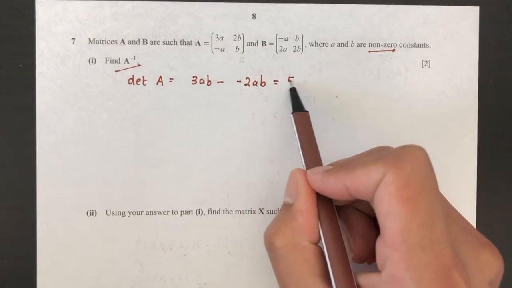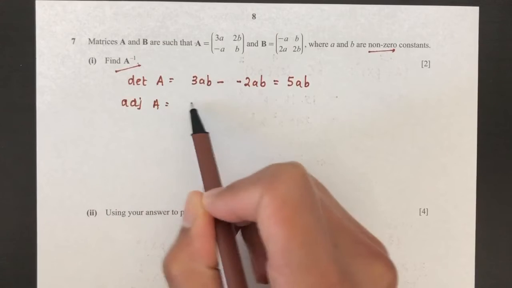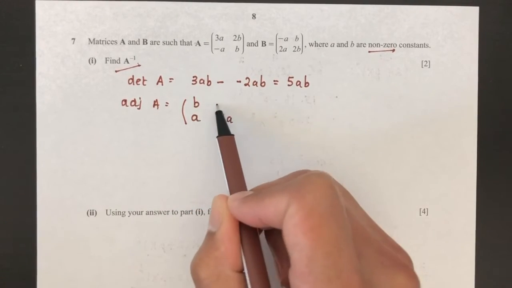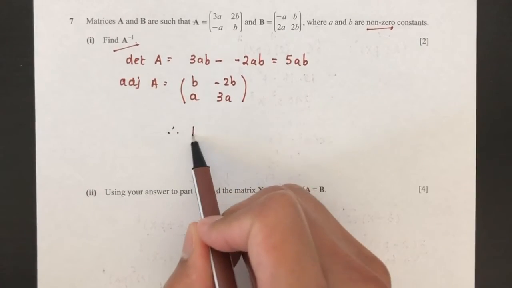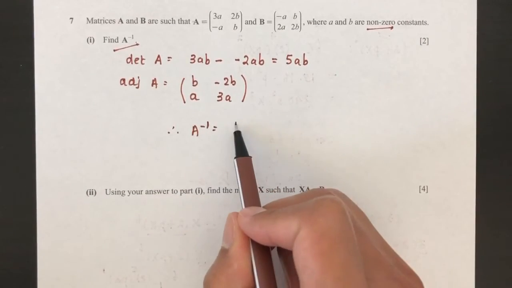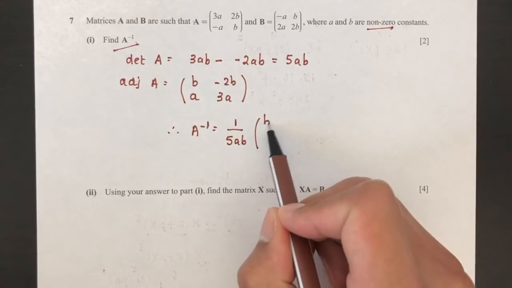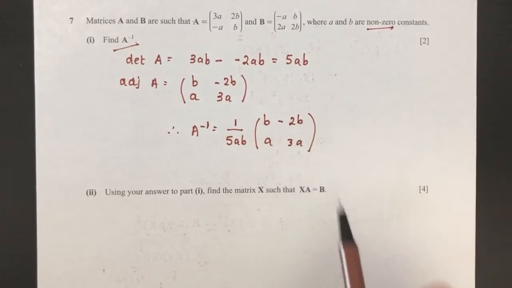That will be 5ab. Now what is the adjoint matrix of A? That will be b, 3a, a, minus 2b. Now to find A inverse, that is 1 over the determinant times the adjoint matrix. Okay, that will be your answer for part 1.